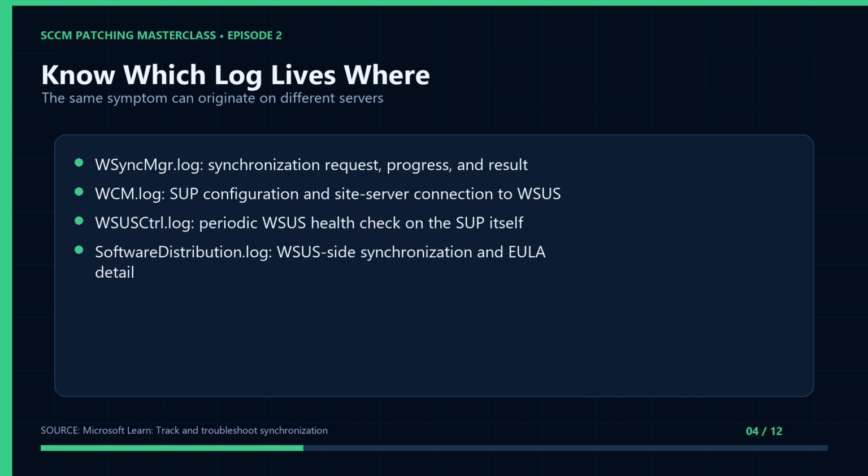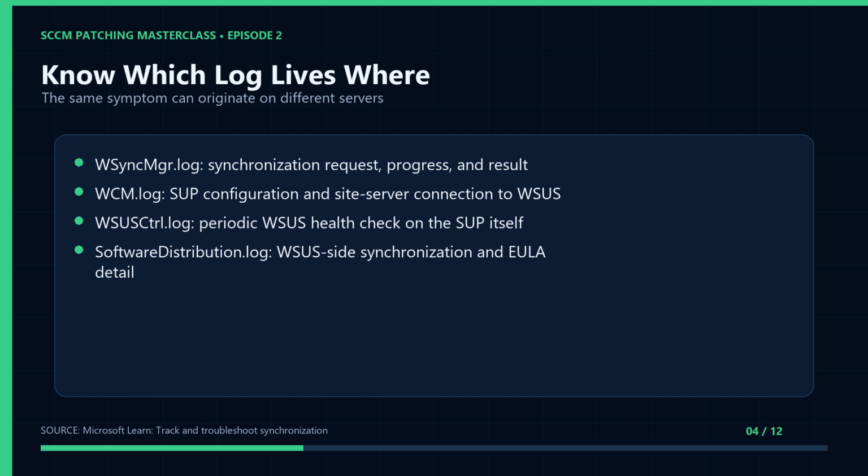Verify end-to-end. Confirm the intended source, ports, SSL, products, classifications, and replica design. Confirm WCM can configure and reach WSUS. Confirm WSUS control and the application log show healthy components.